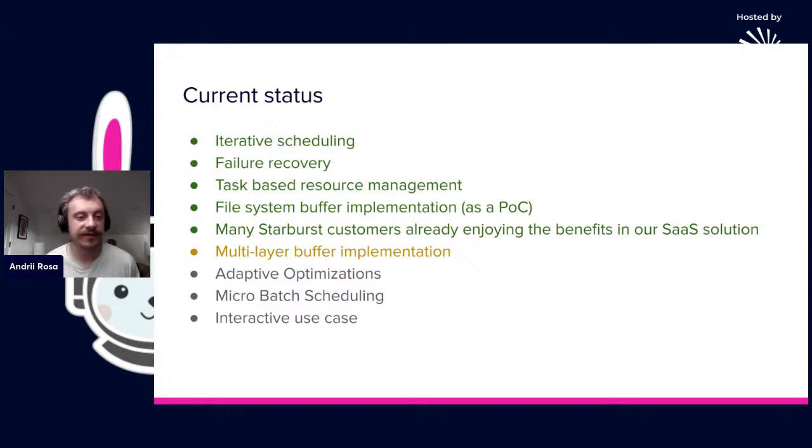There are actually several Starburst customers that are already enjoying it as part of our SaaS offering. So we are currently working, as I already said, on the better implementation. In the future, we will be trying to improve scheduling capabilities to better support interactive use cases and close the gaps that I just explained related to the full stage barrier that is currently introduced.